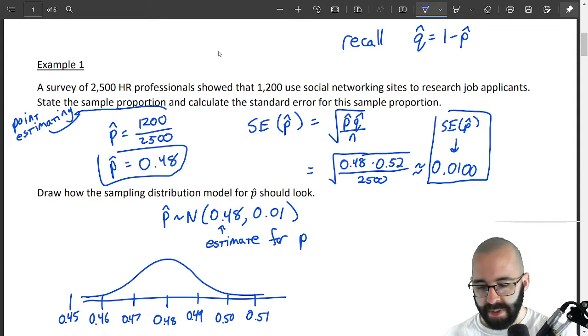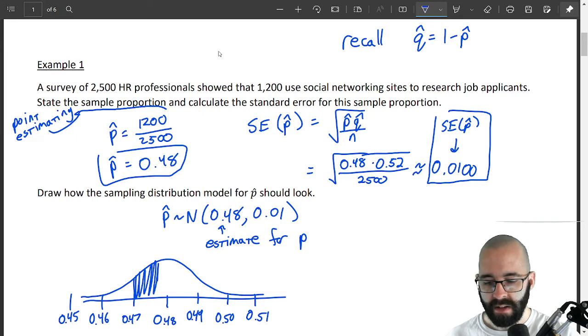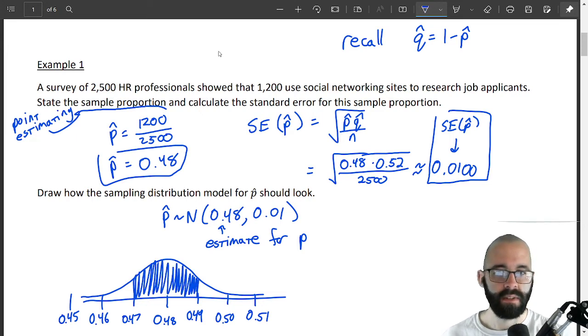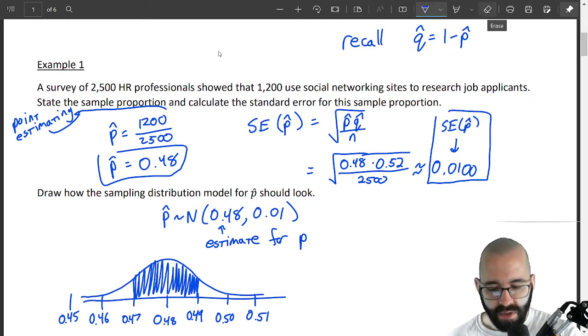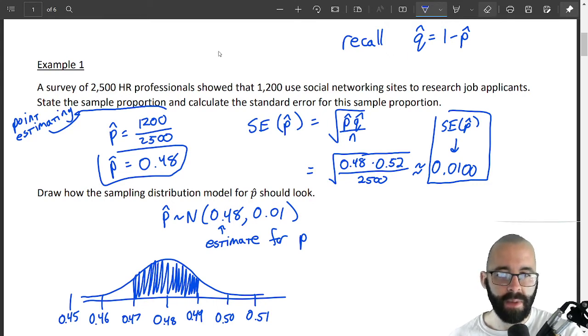About 68% of these samples, if we took a bunch of different samples of a bunch of different HR professionals with this sample size, about 68% of them would have the result of 47 to 49% using social networking sites for job applicants.